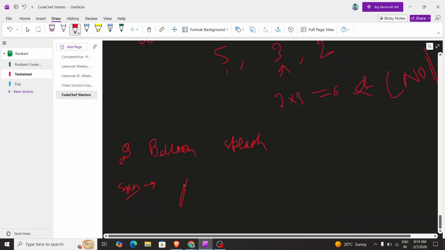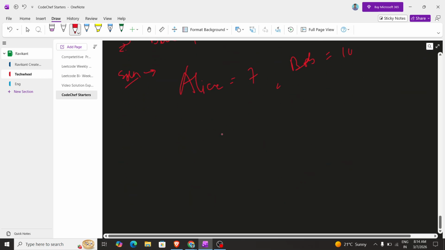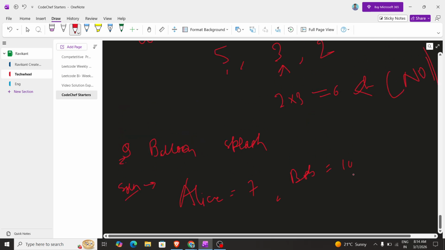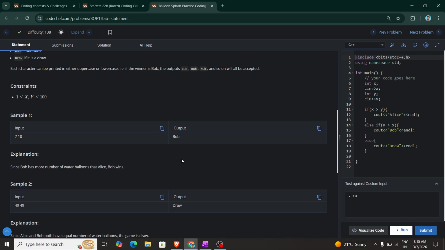Since Bob has more water balloons than Alice, Bob is going to win. So here the winner will be Bob. Got it? As you can see, the output here is also Bob.